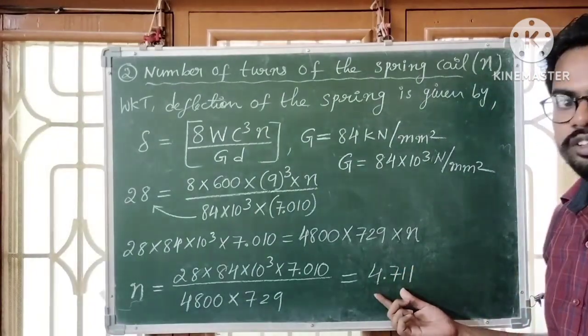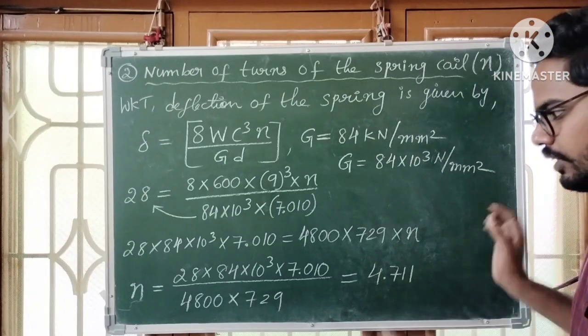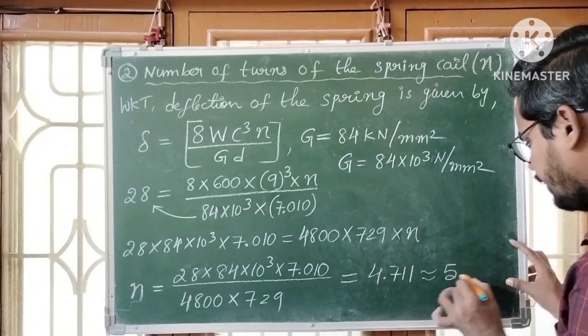But the number of active turns cannot be a decimal number. It is always a counting number. So 4.7 means we can assume 5 turns.